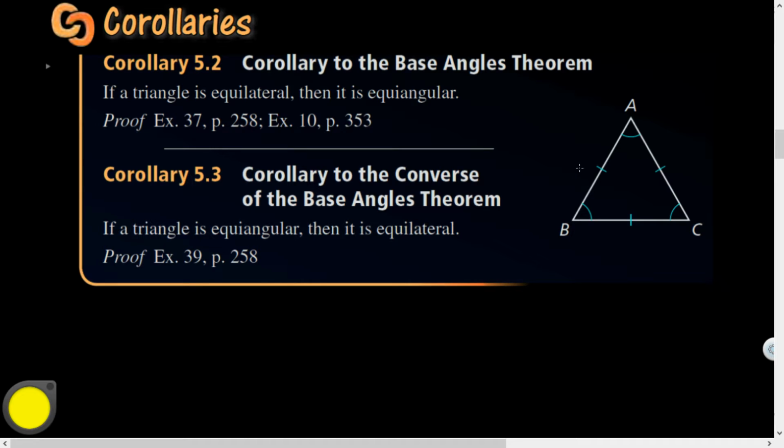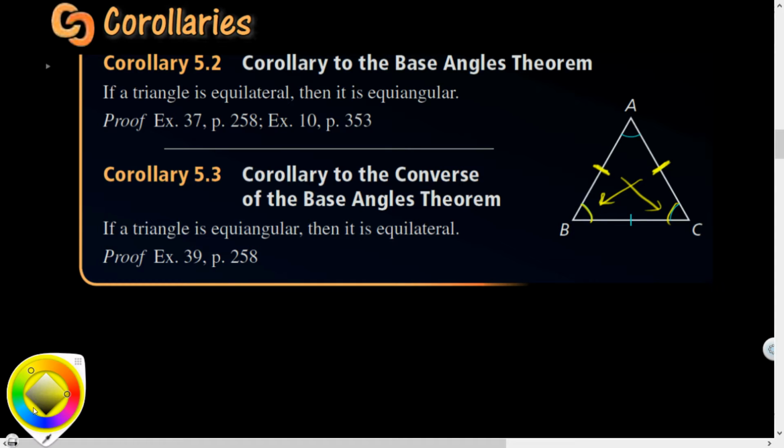Right, but check this out. Here's the logic. I'll give you a verbal rundown, Ryan, because I know you want it. If these two sides are congruent, then by base angles theorem, these two angles are congruent, right? But I also know that this side and this side are congruent.